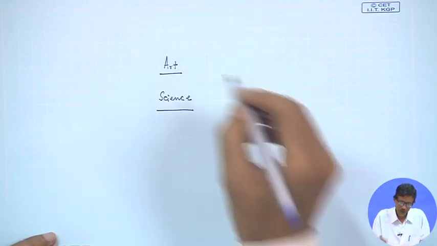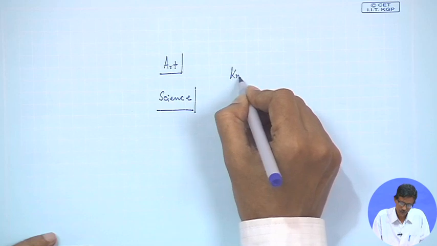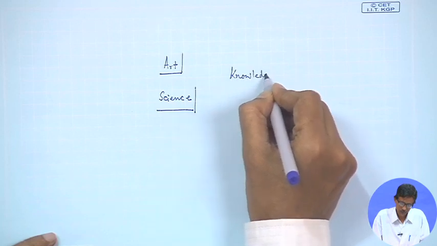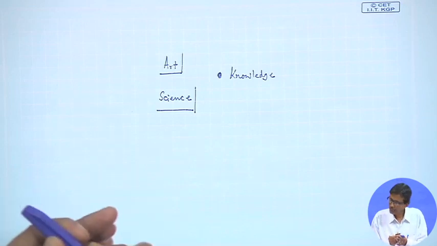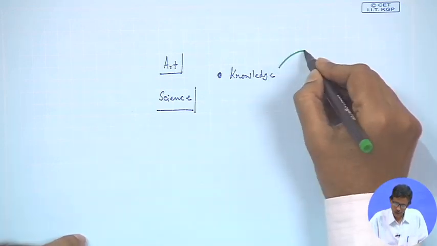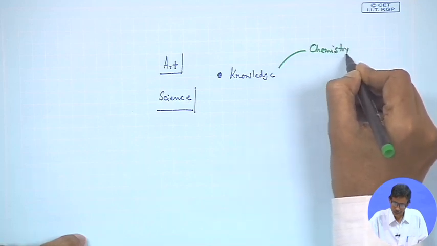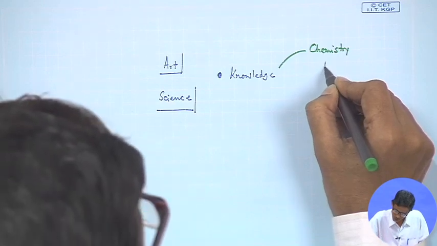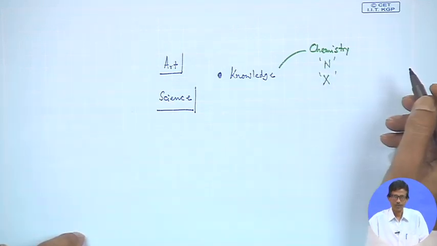If you have this particular one, that means you must require some knowledge, and this knowledge you can gather from chemistry, because it starts with chemistry, finding out whether you have nitrogen in any sample or halogen in any organic sample.